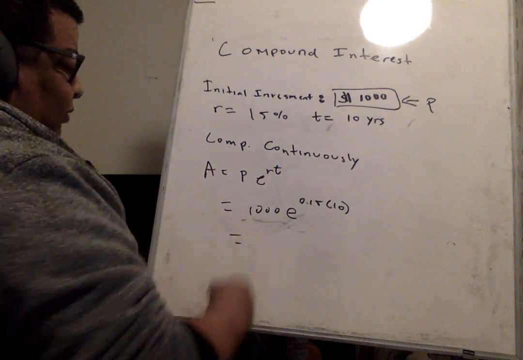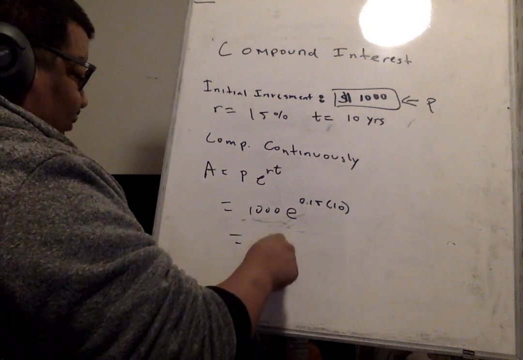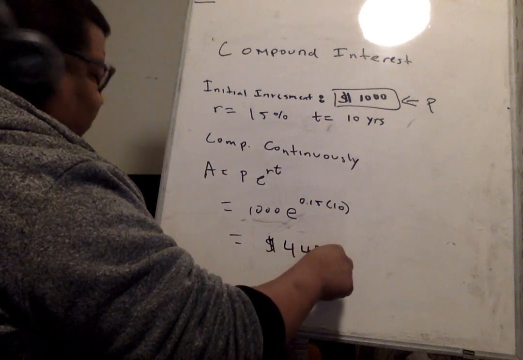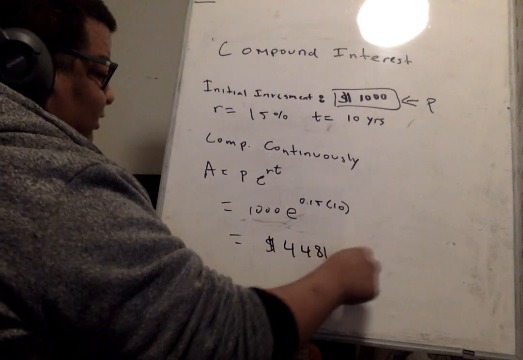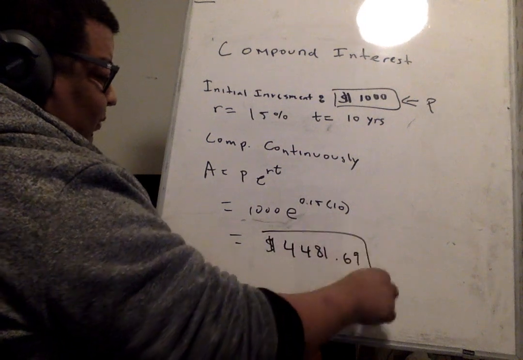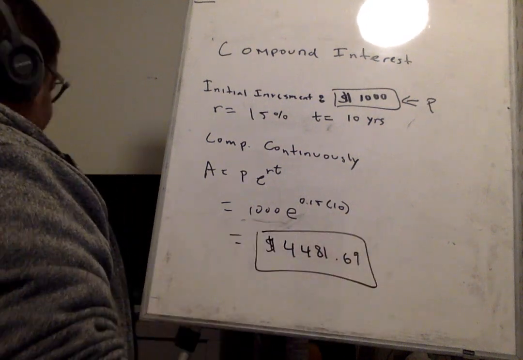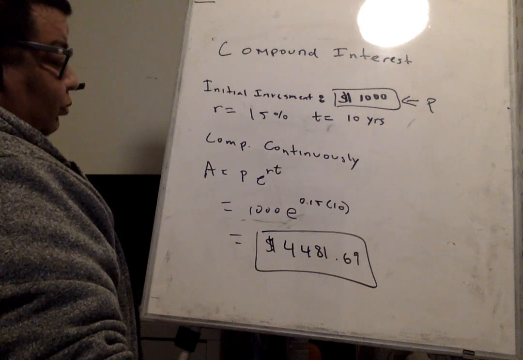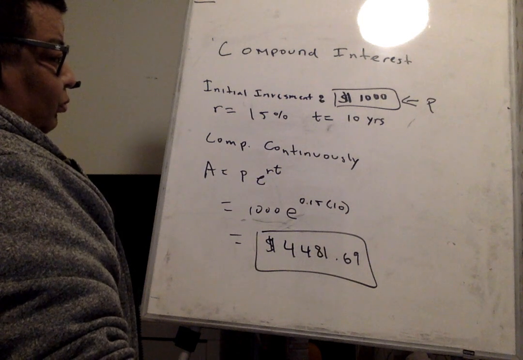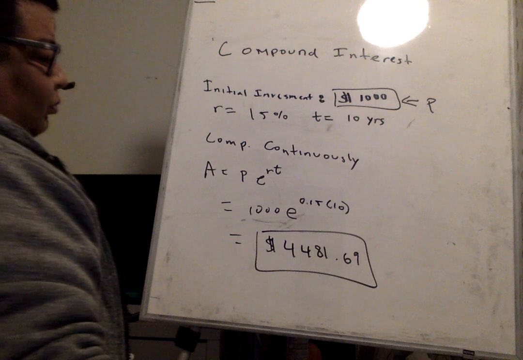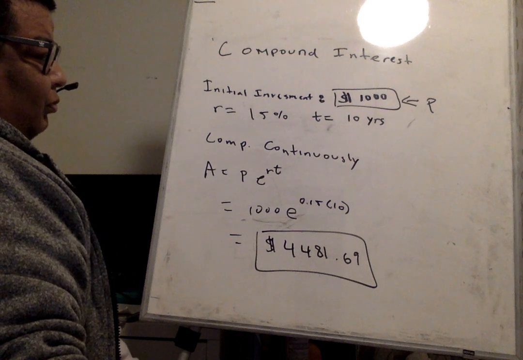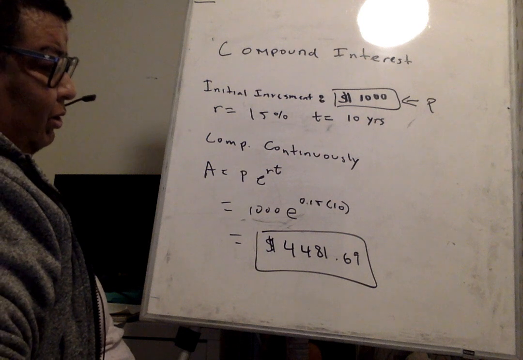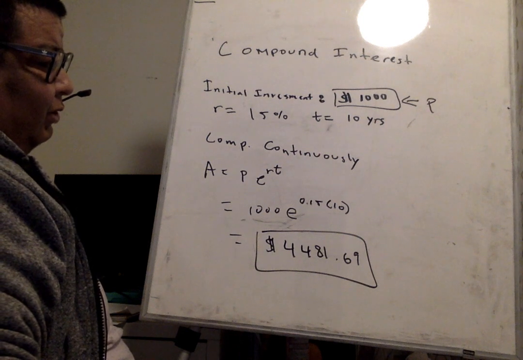So that's equal to $4,481.69. So in this case, compounding continuously gives us more money over the long run.